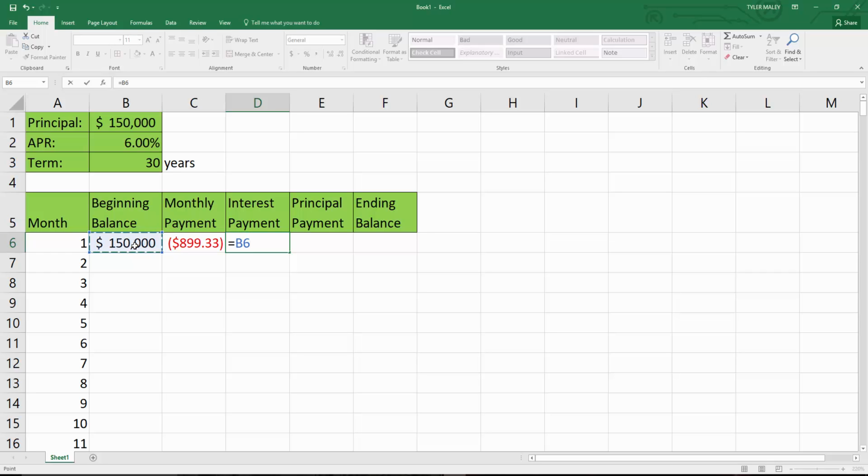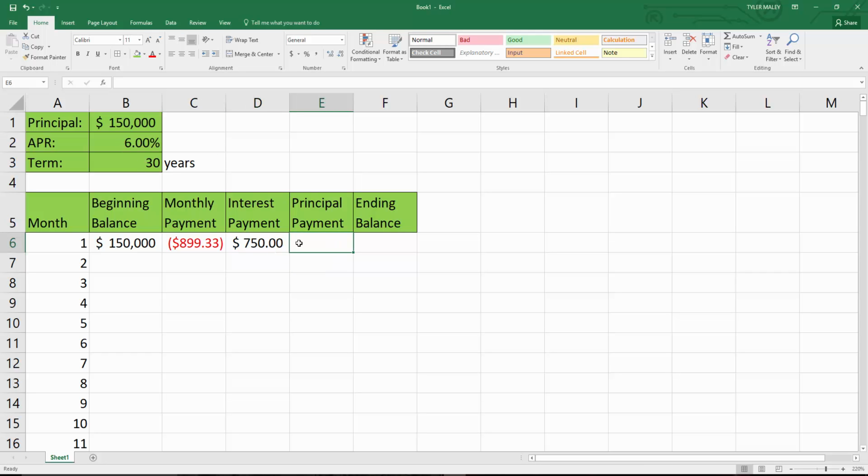So just take the beginning balance, B6, times the periodic rate. The periodic rate would be B2. I'm going to want to lock this in because I don't want that to change when I pull down, and then divided by 12. If I hit enter, we get $750. So the first month, $750 of my payment goes just towards the interest.